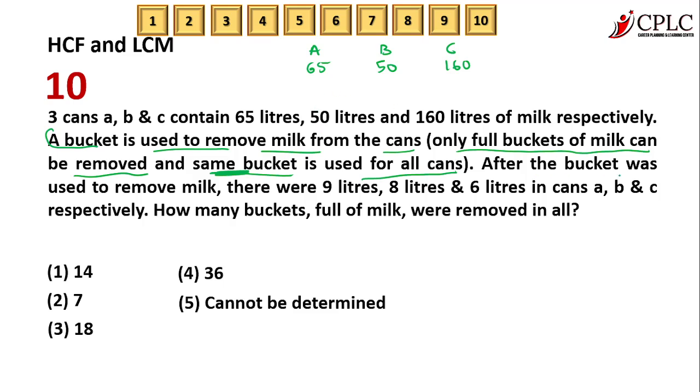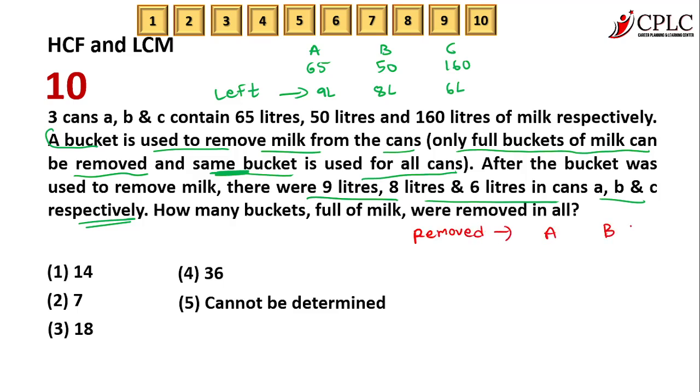And also, after the bucket was used to remove the milk, there were 9 liters, 8 liters, and 6 liters in cans A, B, C respectively. So this is leftover after removing. The first thing obviously we'll have to do is figure out how much is removed from each of the cans.